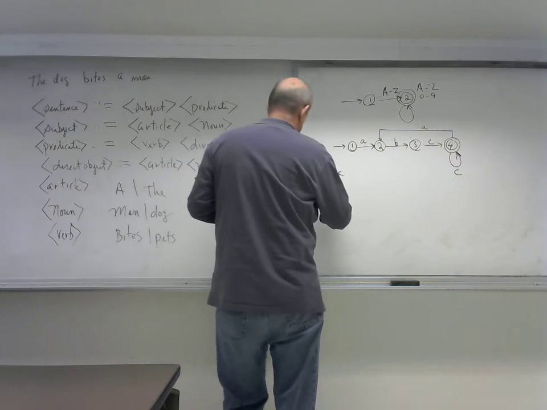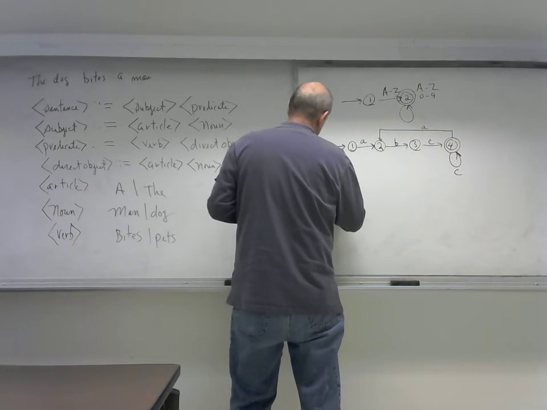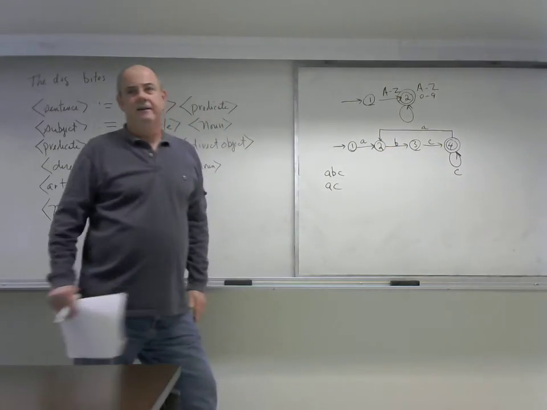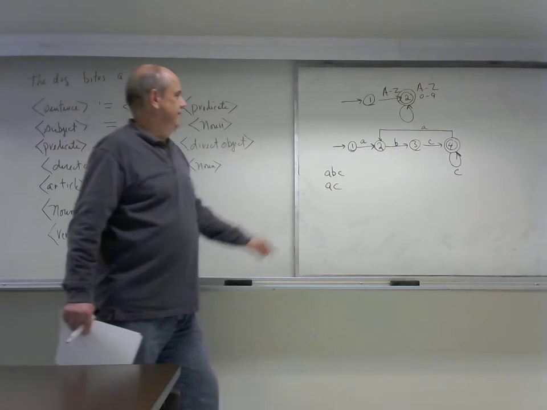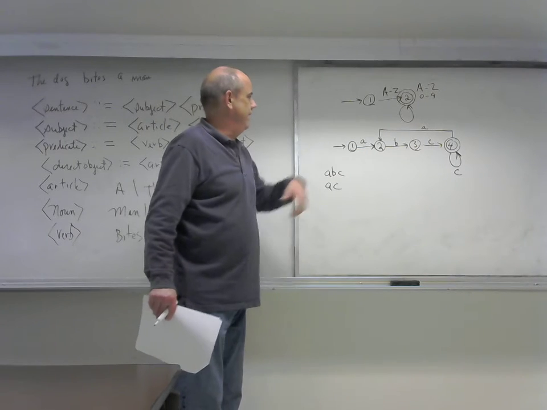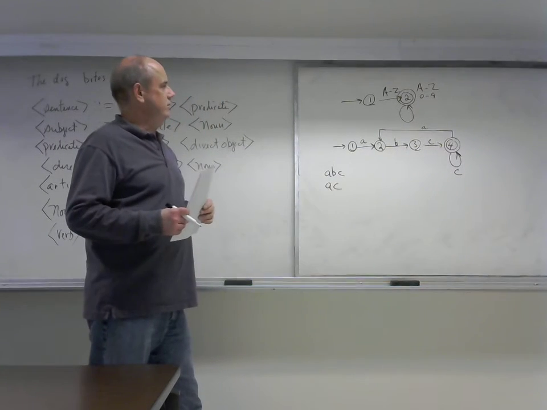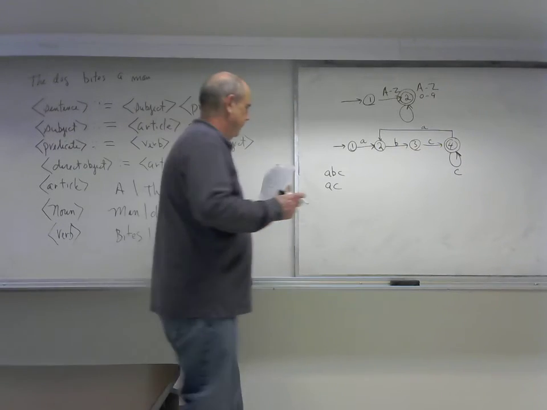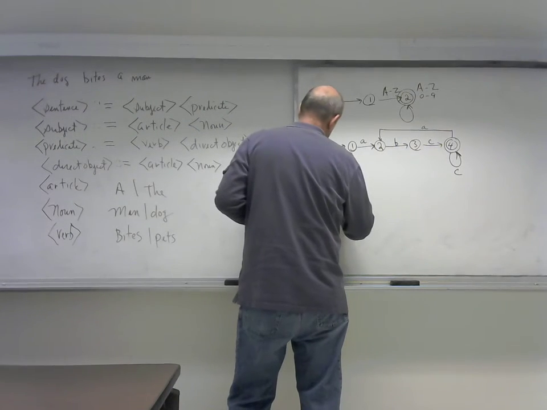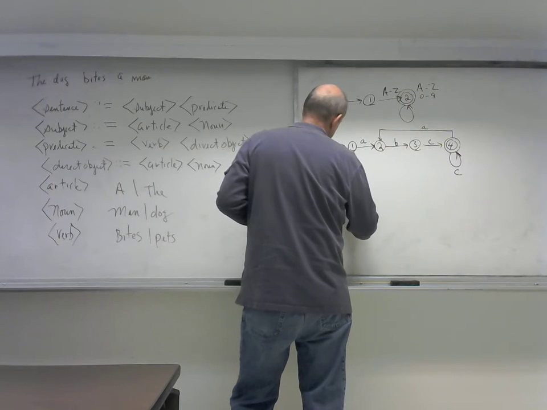Okay, what about a C? How do you get from A to C? You can't. A always goes to B, so you have to have A, B. Anything else is impossible. Okay, you have to have B, A, B, A, C. What about that?